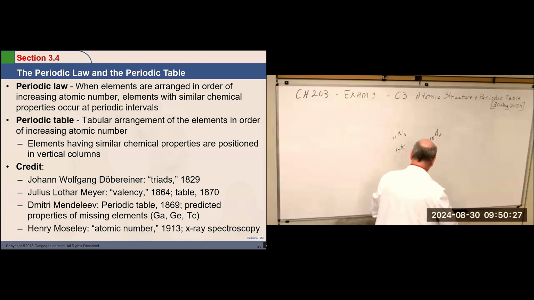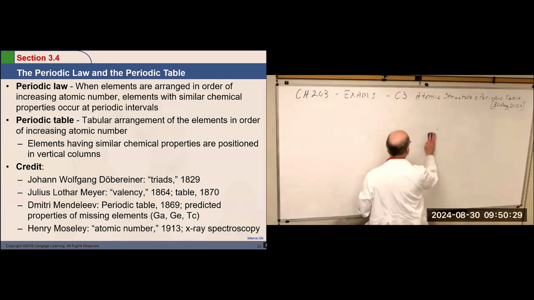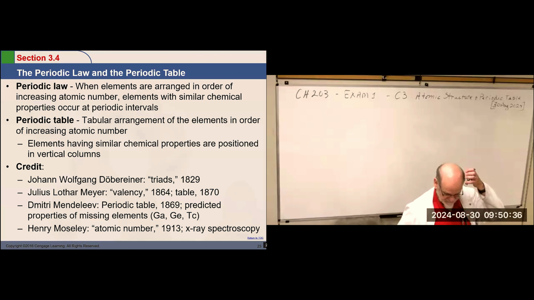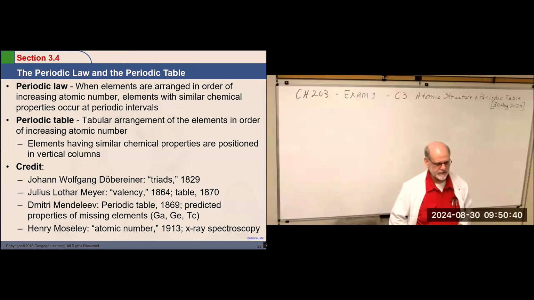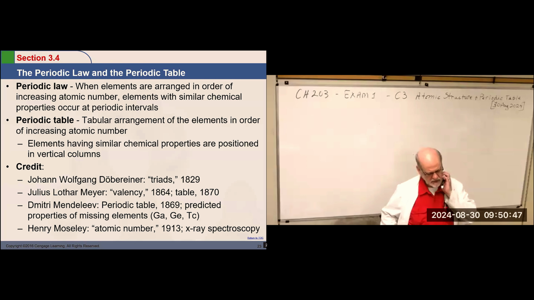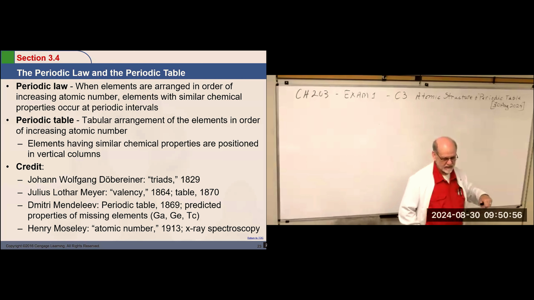Oh, there we go. I didn't have to remember his name after all. So Henry Moseley was an Englishman. He was a pretty young fella. He's like in his 20s. And he was doing research as an undergraduate, actually, and then as a graduate, in X-ray spectroscopy of the metal elements, which means he just took pure metals and he fired X-rays at them.